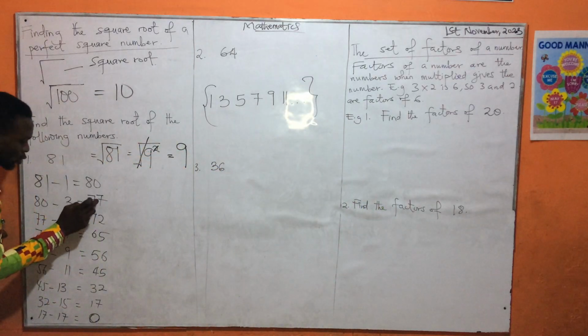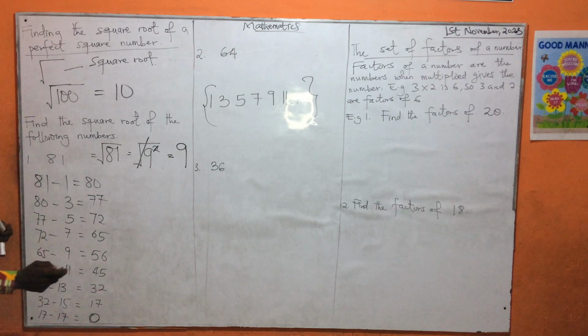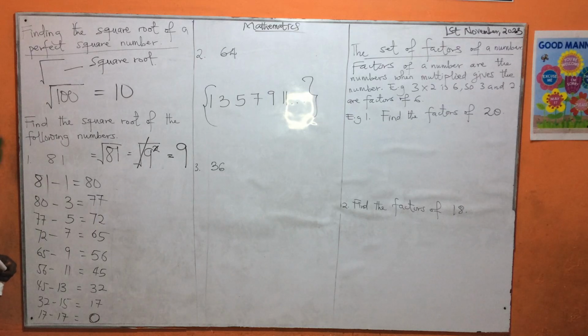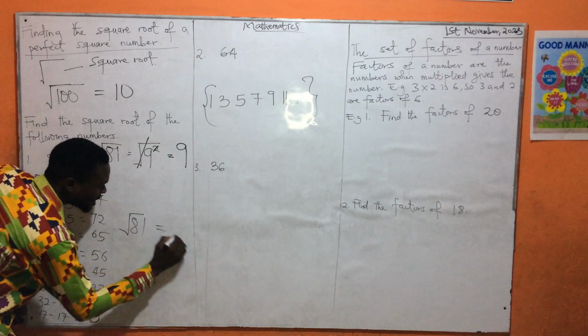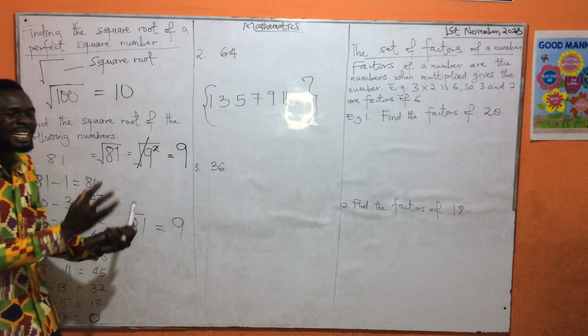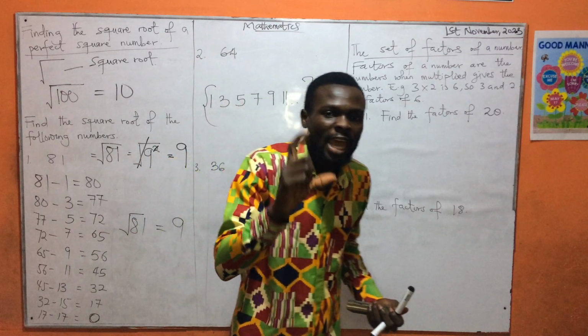We have 1, 2, 3, 4, 5, 6, 7, 8, 9. We subtracted the odd numbers 9 times to get 0. So it means with this method that the square root of 81 is 9.